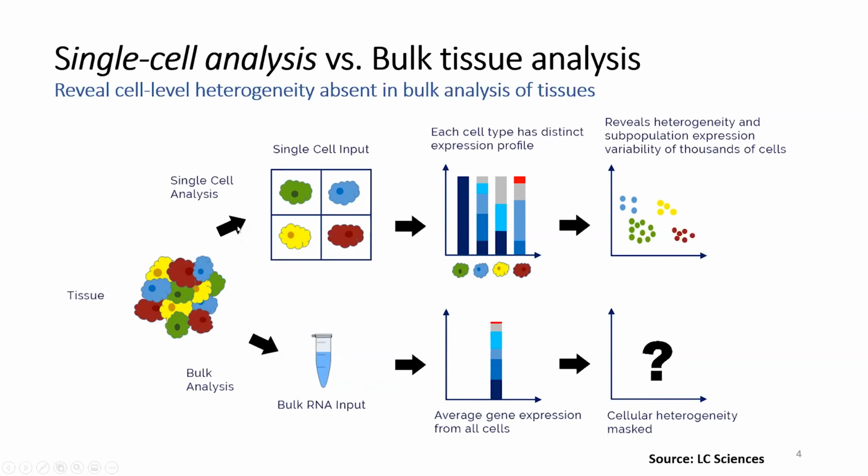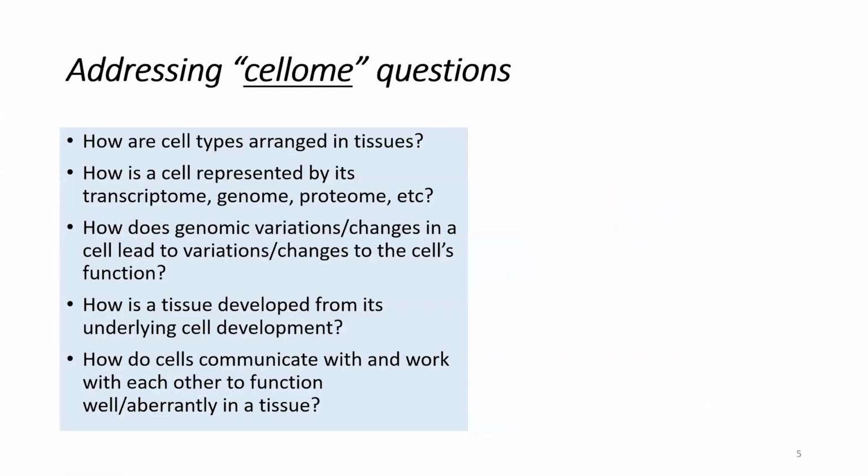But if you do single-cell analysis, you can separate the tissue into individual cells and pool them for sequencing. You can see that in each cell type or individual cell, a different proportion of genes is expressed, and therefore you can understand the heterogeneity. That's really one benefit of doing single-cell analysis.